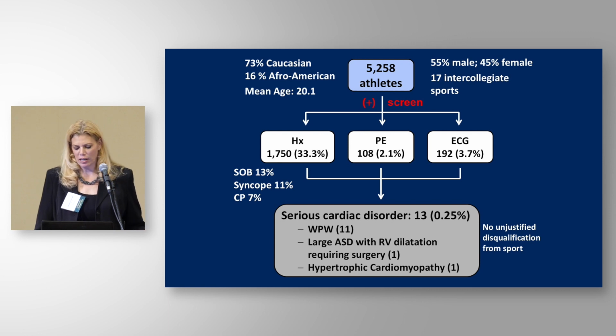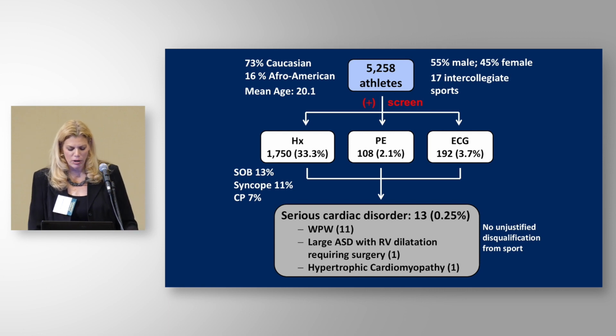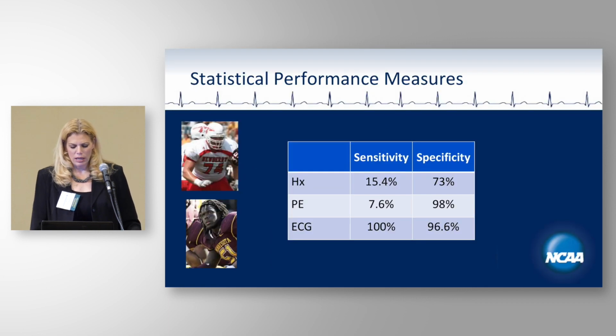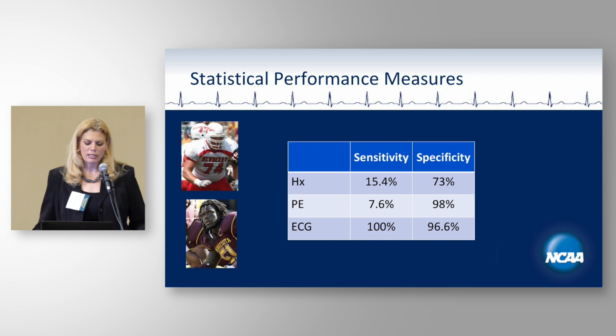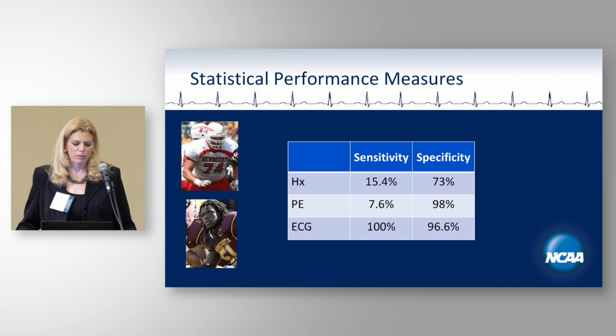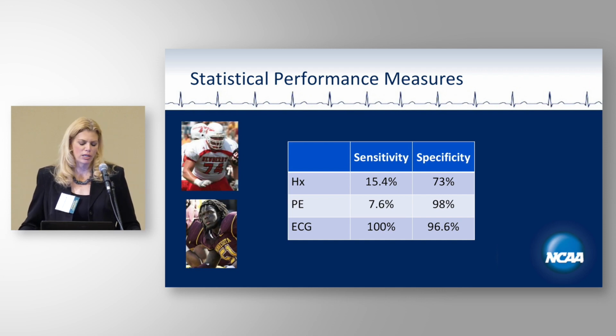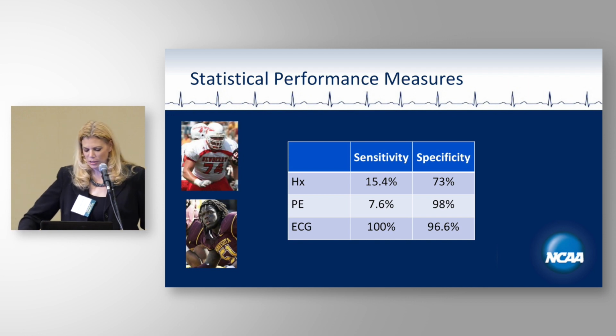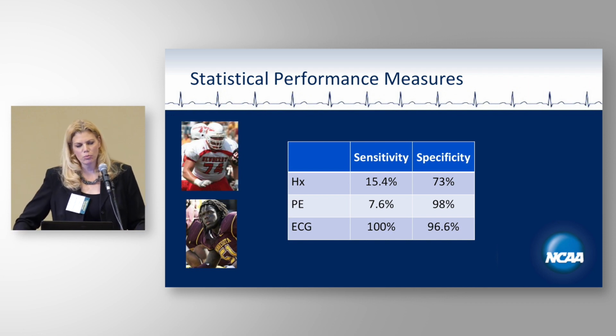And that was using the Seattle criteria. This was a few years ago. And so what we found is that the sensitivity of history was about 15%, and it was only 73% specific, that the sensitivity of physical exam was only 7.6%, and of ECG was about 100%. And so the sensitivity really differs between those three modalities.